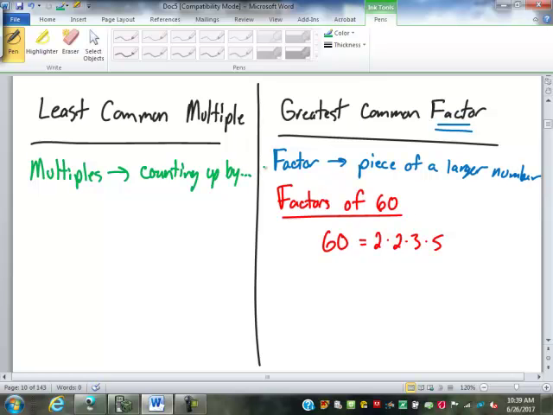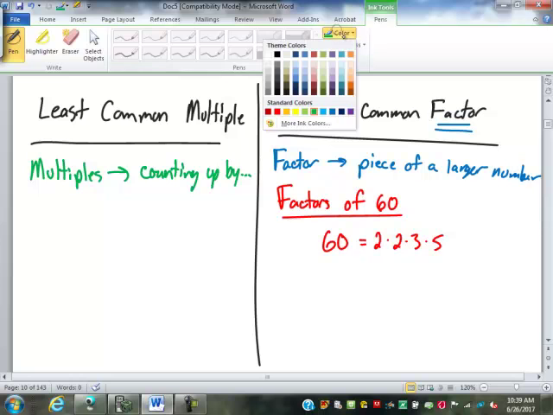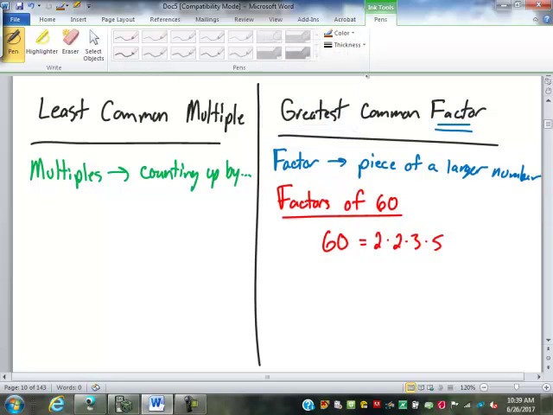You can think of counting up by. Multiples of 4 would be 4, 8, 12. You're counting up by 4s.